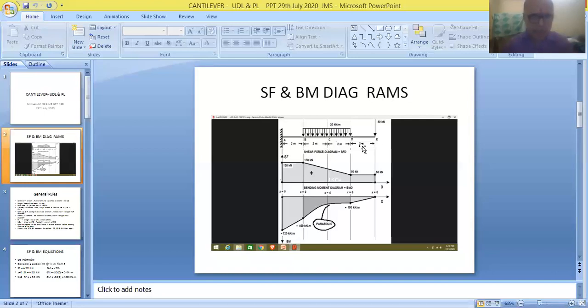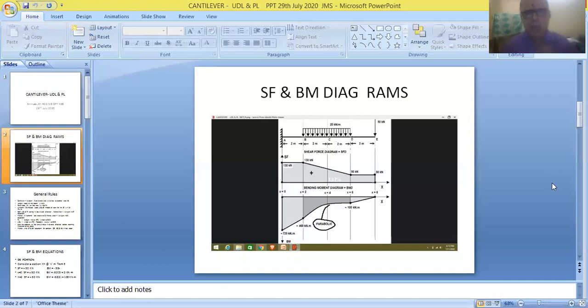And on the other hand, if the load is distributed uniformly for a certain distance on the surface of the beam, then it is called a uniformly distributed load. So friends, this is the basic difference between point loads and uniformly distributed loads.